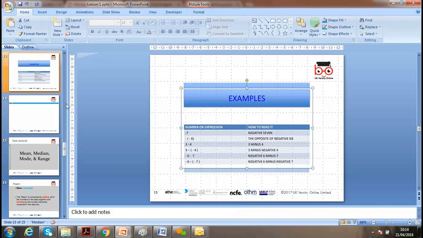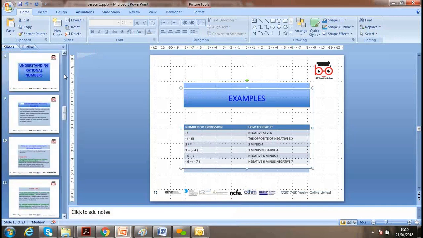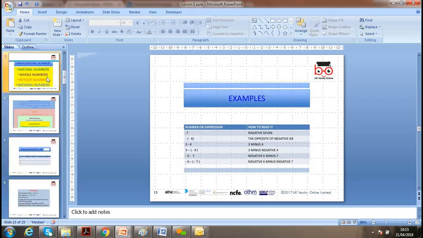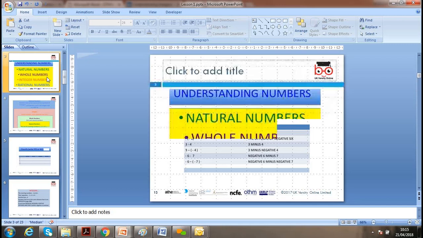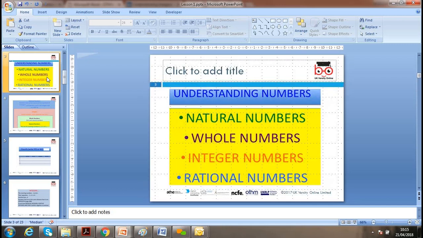So first today we are going to learn about understanding numbers, natural numbers, whole number, integral and rational.